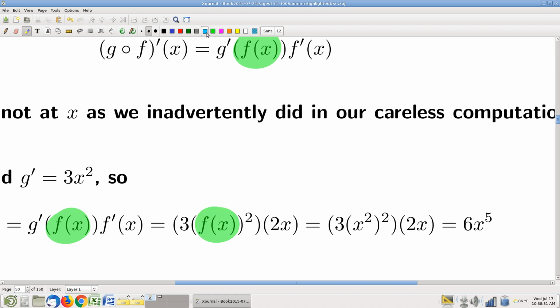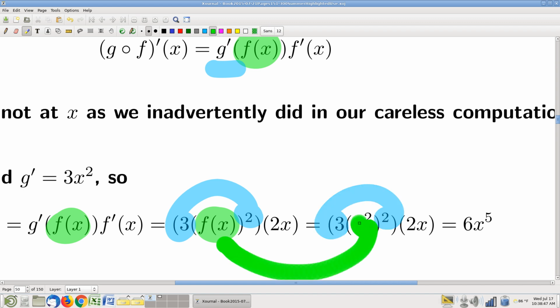Of course, now g prime is 3x squared. 3 times the variable squared, and again, we're already confused. But notice that means we're doing that to f of x, which is x squared, and now count the x's, and everything adds up just fine. You have x to the 4th times x, and that gives you the correct x to the 5th.